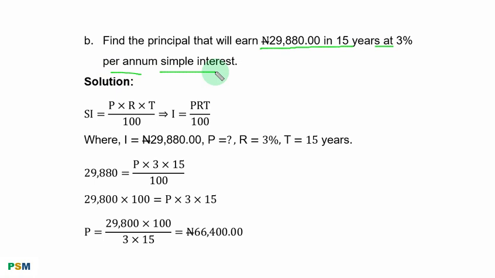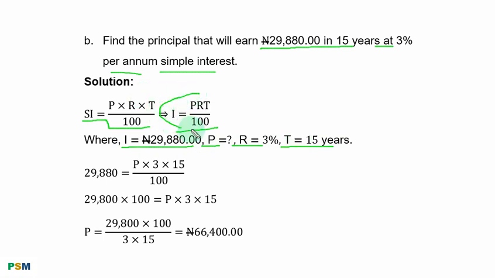Solution. This problem is on simple interest. Simple interest is equal to principal times rate times time over 100, expressed in this form. From the question, interest is equal to this: principal unknown, rate 3%, time 15 years.